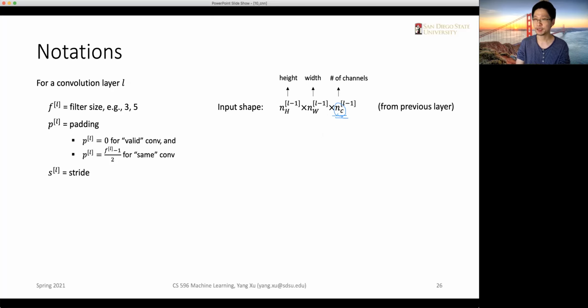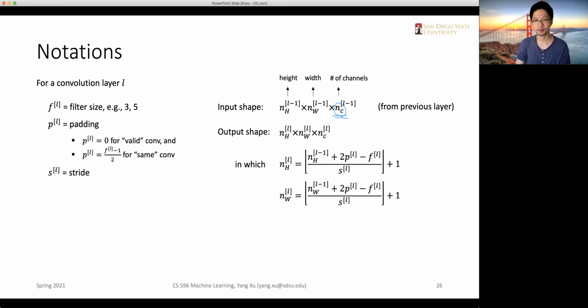Otherwise, there will not be a valid convolution. We also need to indicate the output shape. It also has an H, W and N_C, but with different superscripts, superscript L. Now let's look at the rules. This part didn't actually change.